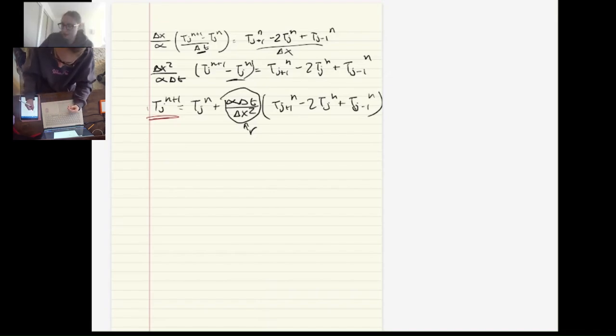Our equation is the partial derivative of T over the partial derivative of time is equal to delta, which again is our thermal diffusivity, times the second derivative of the temperature over the change in x, right?